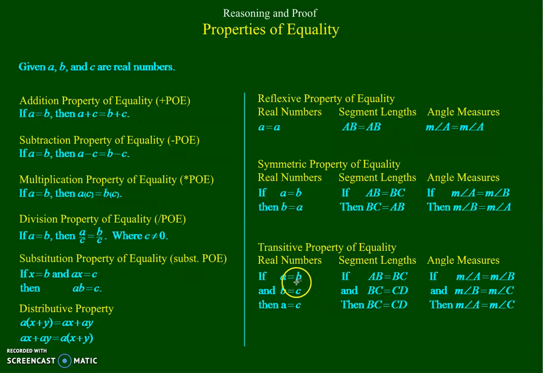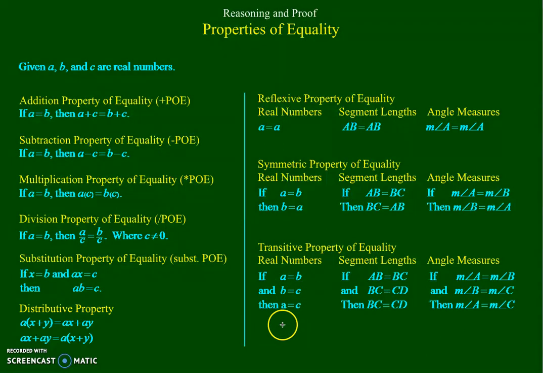There are some distinct differences that we're going to look at a little bit later on, but the law of syllogism is the basis for the transitive property. And one of the fundamental differences is it doesn't matter which side of the equal sign these fall on.